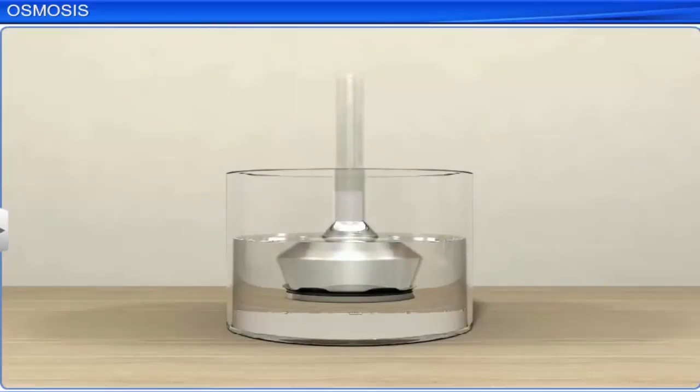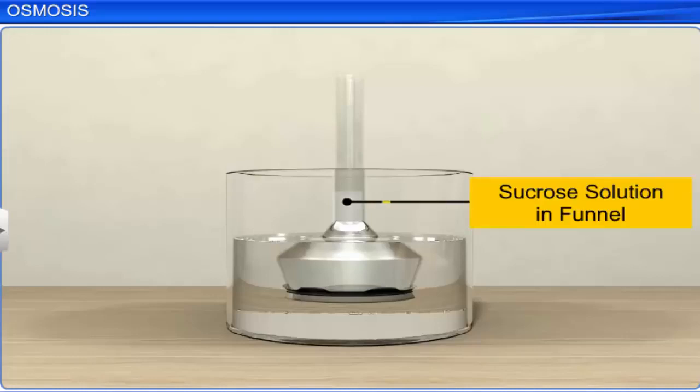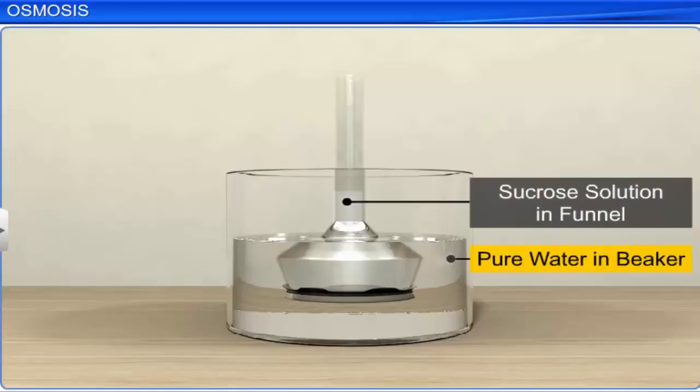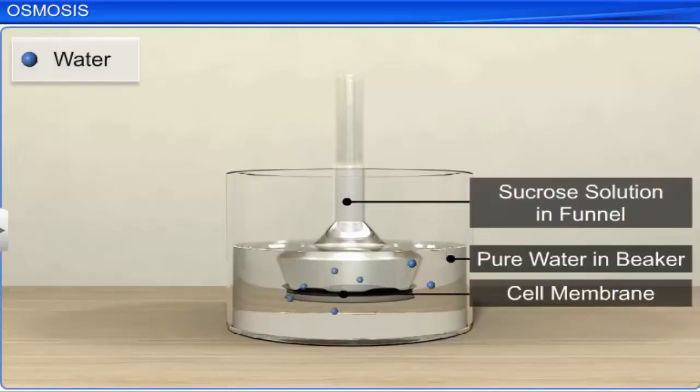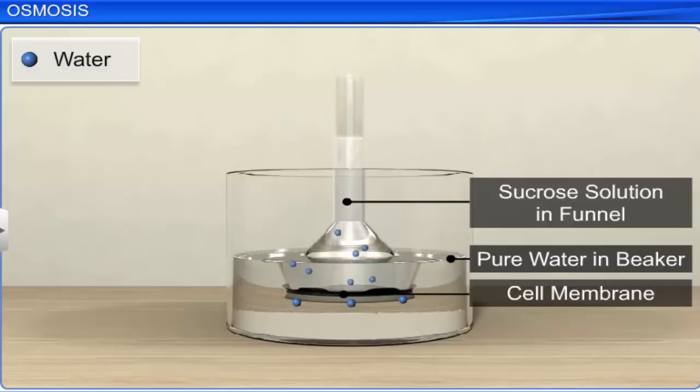A solution of sucrose in water is put into a funnel and separated from the pure water in a beaker by a semi-permeable membrane. The water, being hypotonic, will move from the beaker to the funnel containing the hypertonic sugar solution, raising the solution level in the funnel. This water movement will continue till both solutions in the funnel and beaker achieve equilibrium.